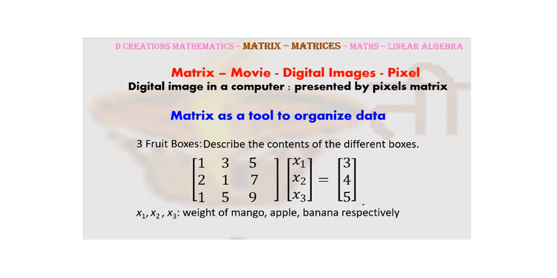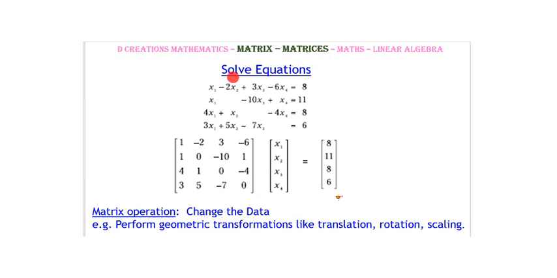Essentially what we are doing here is we are trying to solve an equation. There could be some such situation where you have 4 equations, 4 unknowns and the matrix representation, and you can solve it. There are several other uses of matrices.